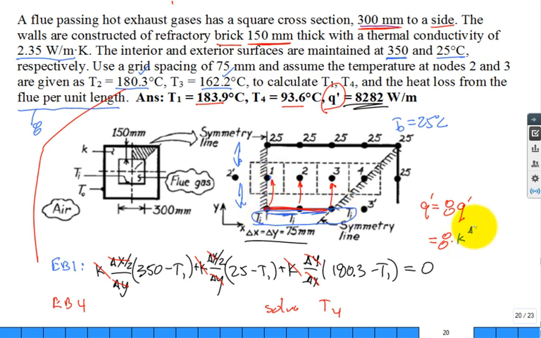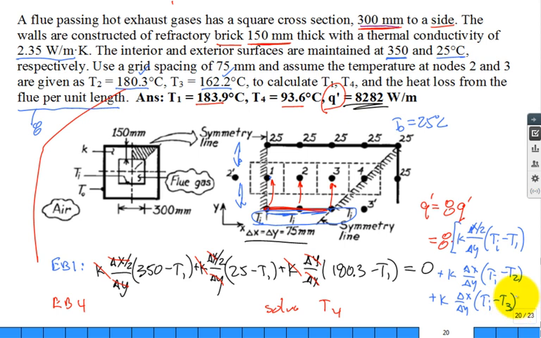That'll be delta X over 2 divided by delta Y times Ti minus T1. Then plus K times delta X divided by delta Y times Ti minus T2, plus K times delta X divided by delta Y times Ti minus T3. Close.